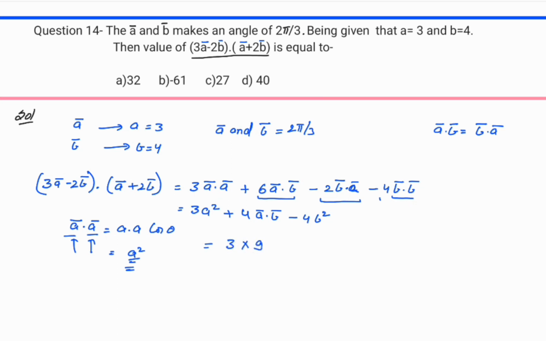It means 9, minus 4 of B square. What is B? B is 4. It means 4 square, plus 4 of vector A dot vector B. Here you will get 27 minus 64 plus 4 A dot B. This is equal to how much? Minus 37 plus 4 vector A dot vector B.